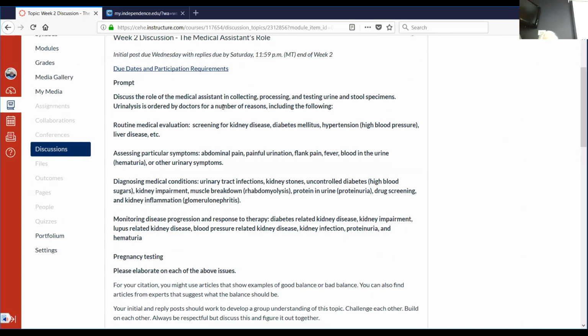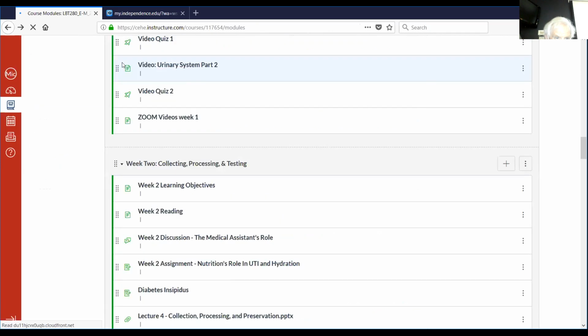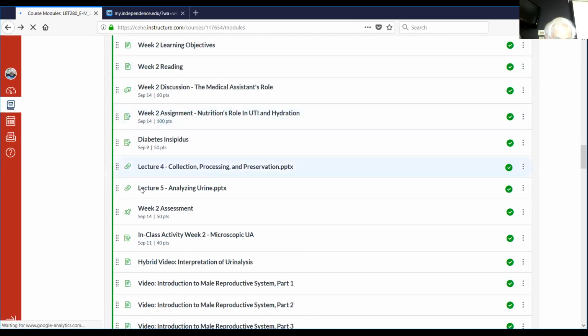So look at each of these and the different things that you have to do and the different advice you have to give to the patient. Because as you see from the lecture on collecting and preserving specimens, different purposes require different kinds of collection strategies. So that's going to be your discussion. I've already made one post, so you can read that and get started.